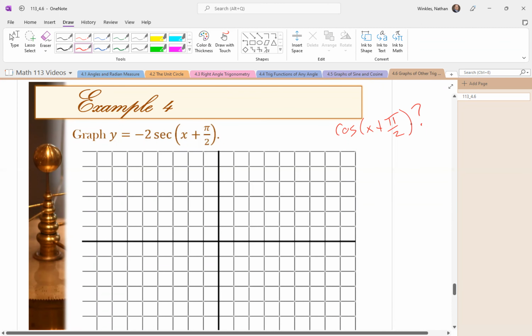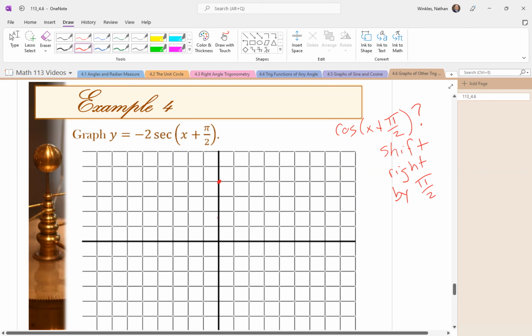What does this look like? So we know that for this cosine, we had characteristics that this is a shift right by pi over 2.